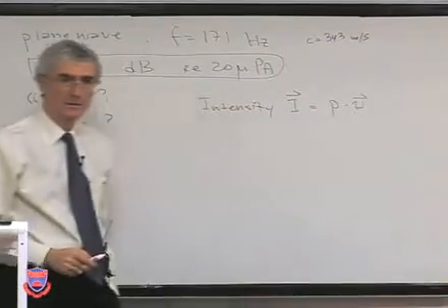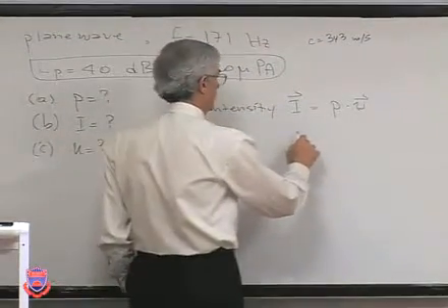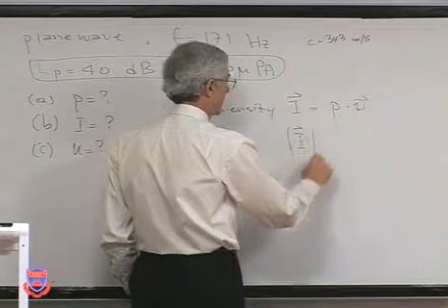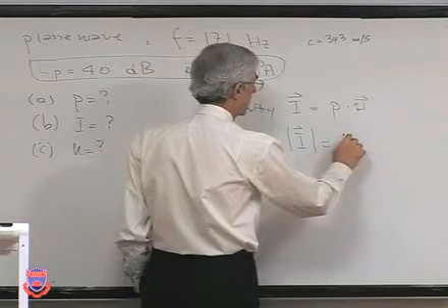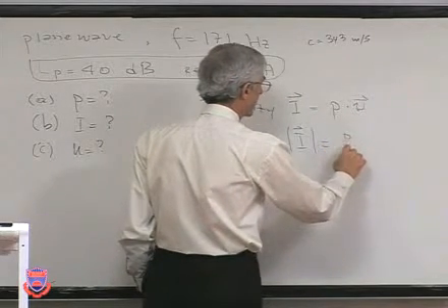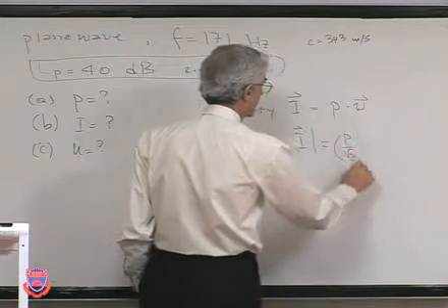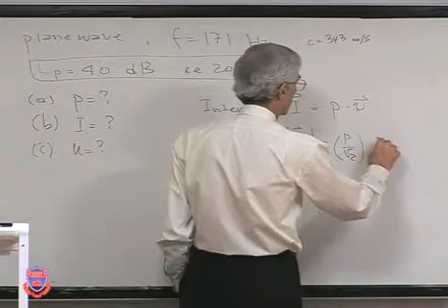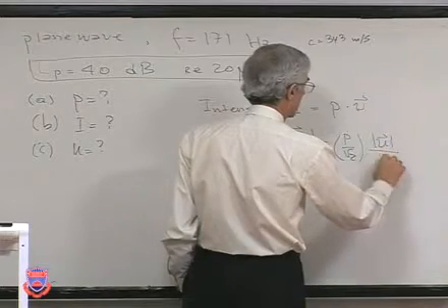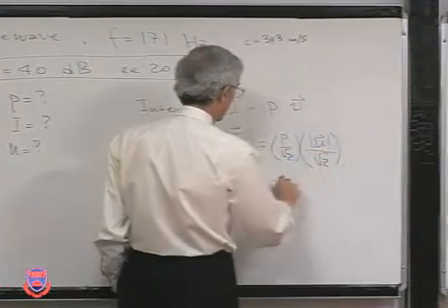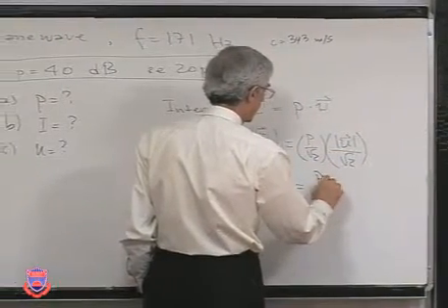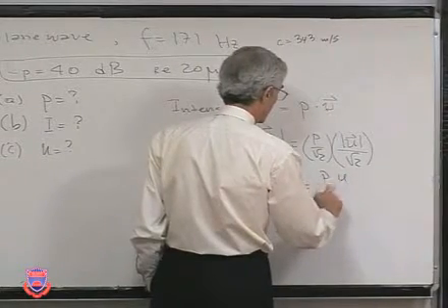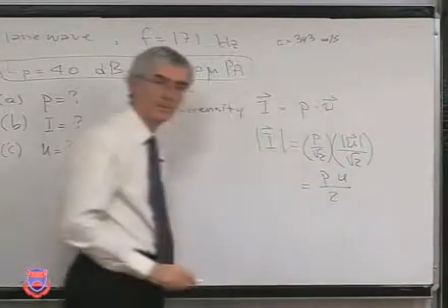particle velocity. Okay, so its amplitude is the multiplication of the RMS values, so you have Pu over 2.